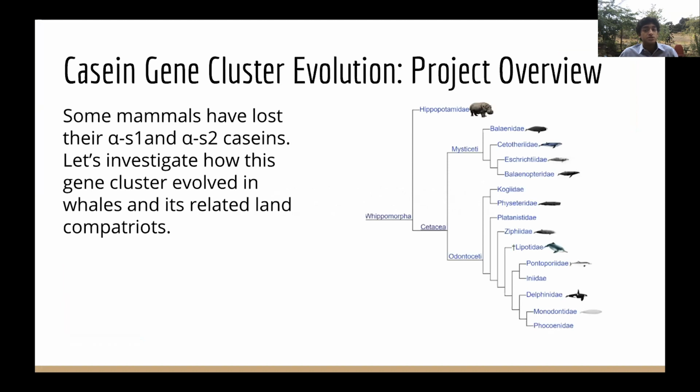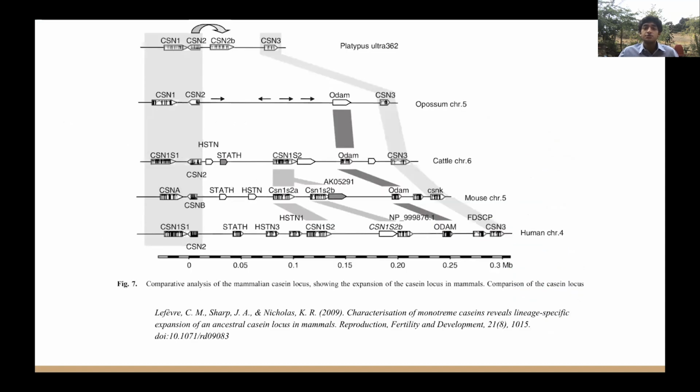So we really want to see how the casein gene clusters evolved in these, especially in whales, and some of their land compatriots like hippos, which are the closest land relative, which has never been done before. We're looking to publish a paper on the differences between the casein gene clusters in all these whales. Now, this is a figure that we really want to recreate.